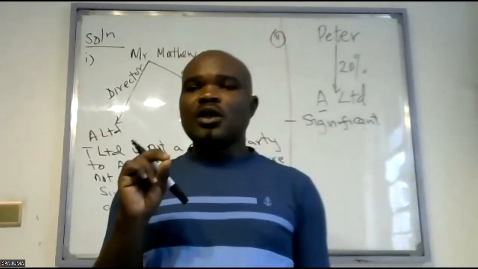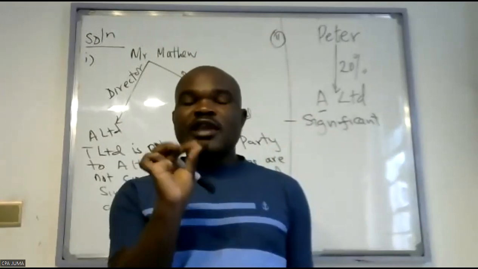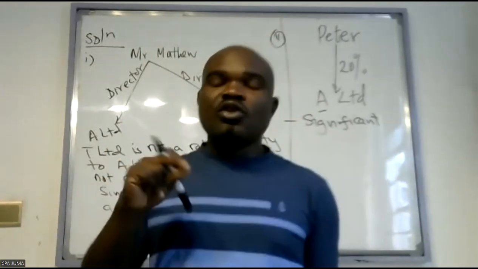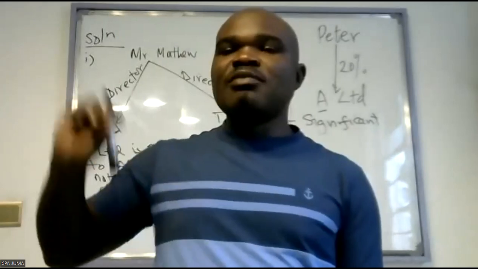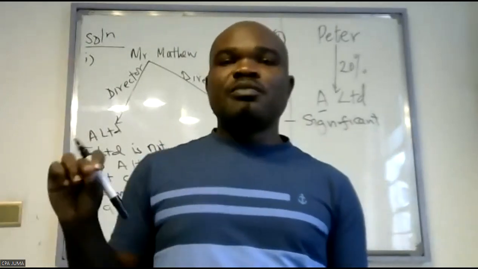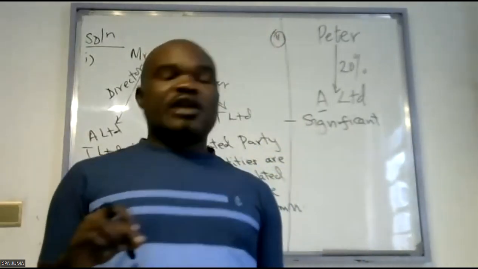So, Jessica, I hope you have understood. Yes, he's an employee, but by extension you say he is a key management personnel. That is what makes him a related party.